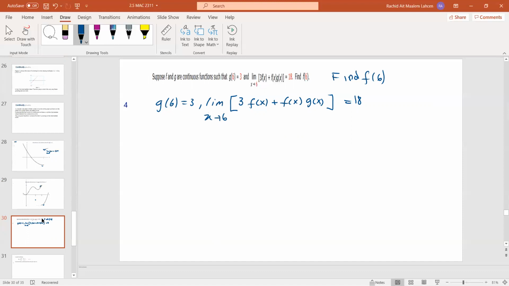we're given this whole thing, and we're given g of 6. So we have f of x and f of x here, so we can factor out f of x. Then you get 3 plus g of x. This is one way. Equal 18.